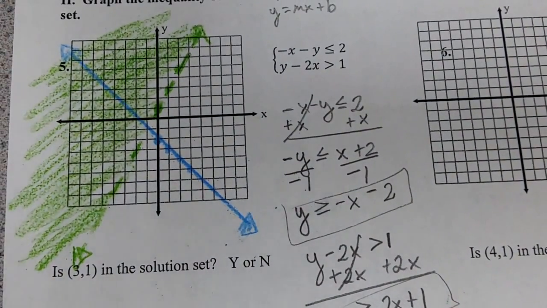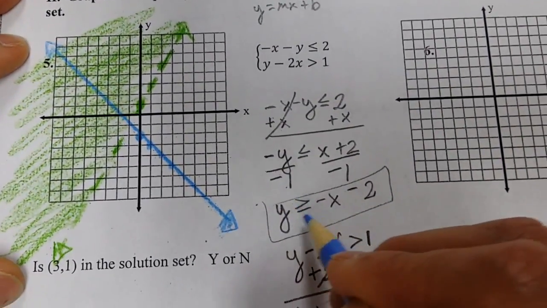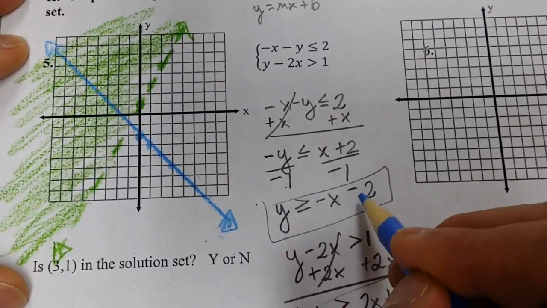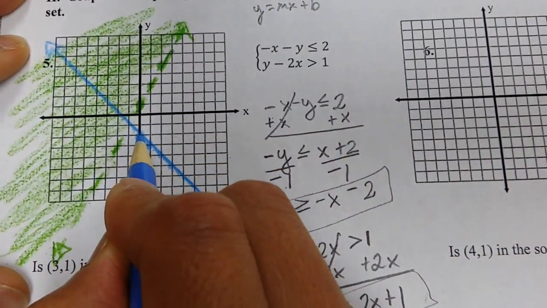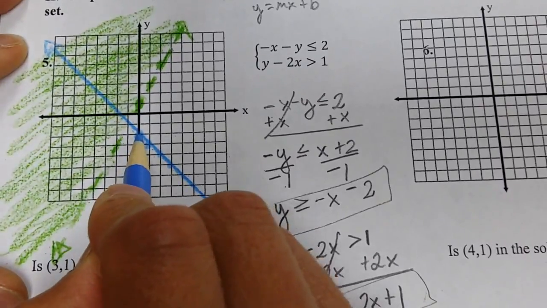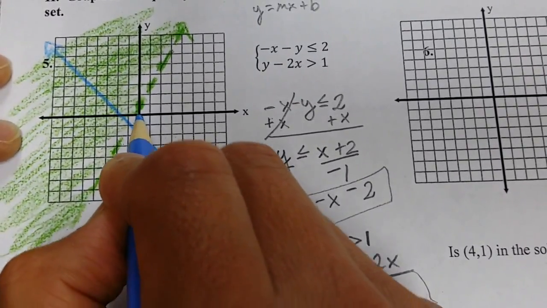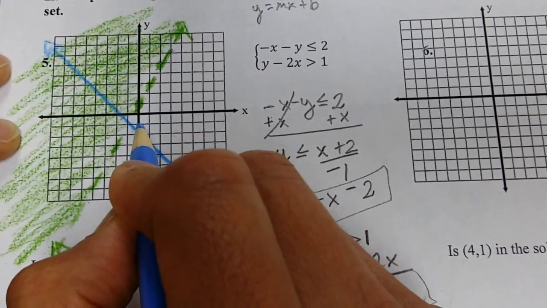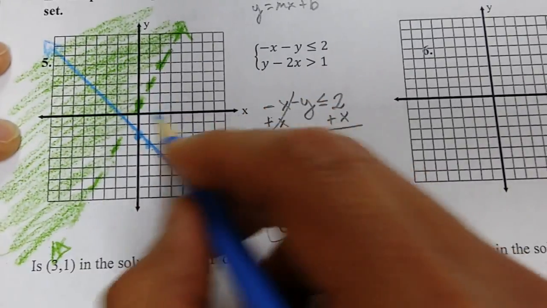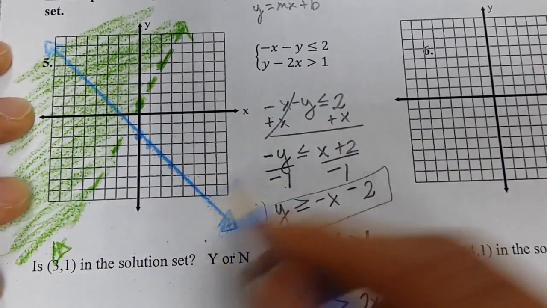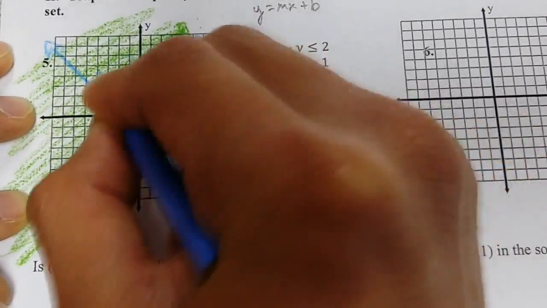Now let's shade the other line. This is y greater than or equal to negative x minus 2. Here's negative 2, that's my y-intercept. It said y is greater, so values greater than negative 2 are 0, 1, 2. And you see how it's on the right-hand side of the line. So I shade to the right.